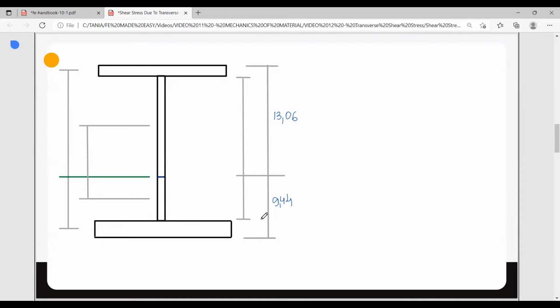This is 9.44, and we know that this is 1.5, so 9.44 minus 1.5 equals 7.94. This here is 7.94, same thing at the top here. We know that the thickness of the flange is 1, meaning that this dimension here is going to be 12.06.